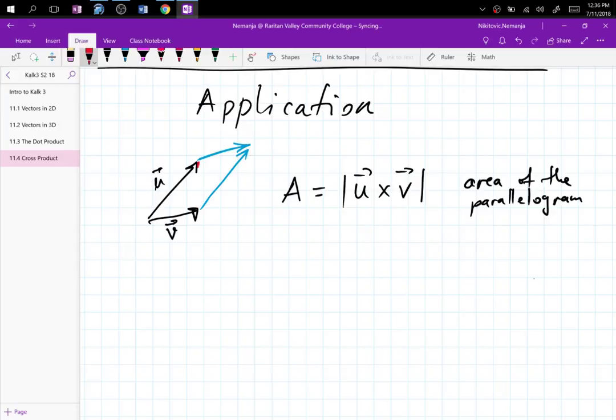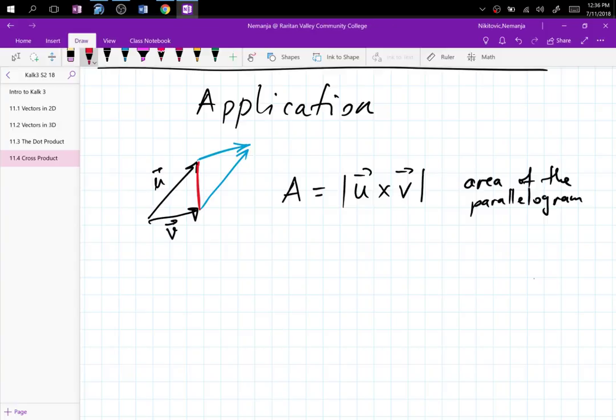If you cut this parallelogram in half, you will get a triangle which is defined by the two vectors u and v, and you can find the third vector by running the vector subtraction.